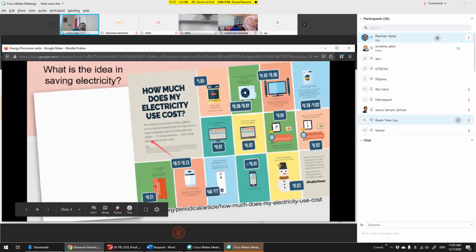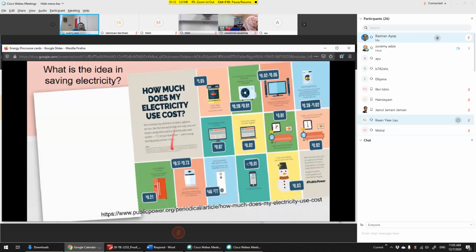So next, what? First, not next. First, what is the idea in saving electricity? And if you can see, the attached figure is about different appliances. If the slide is not that clear, later I have provided the link as well here. Check it out.